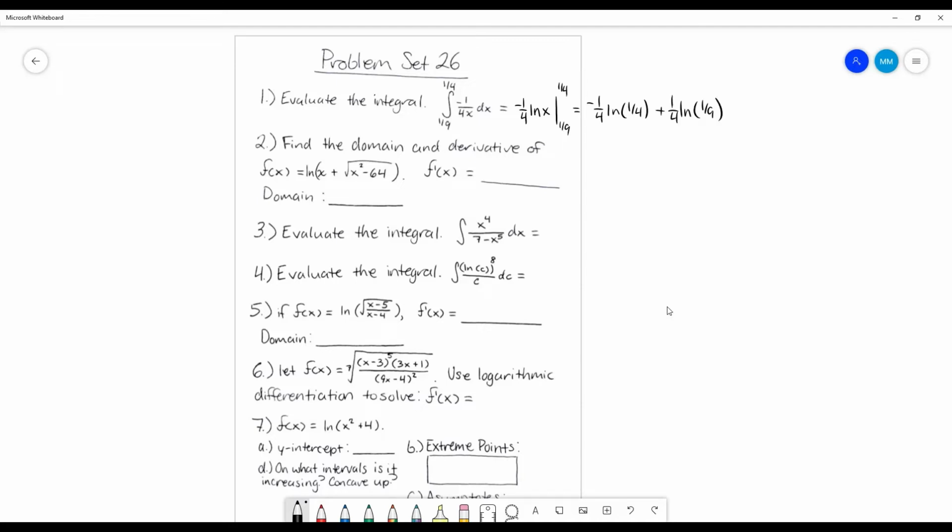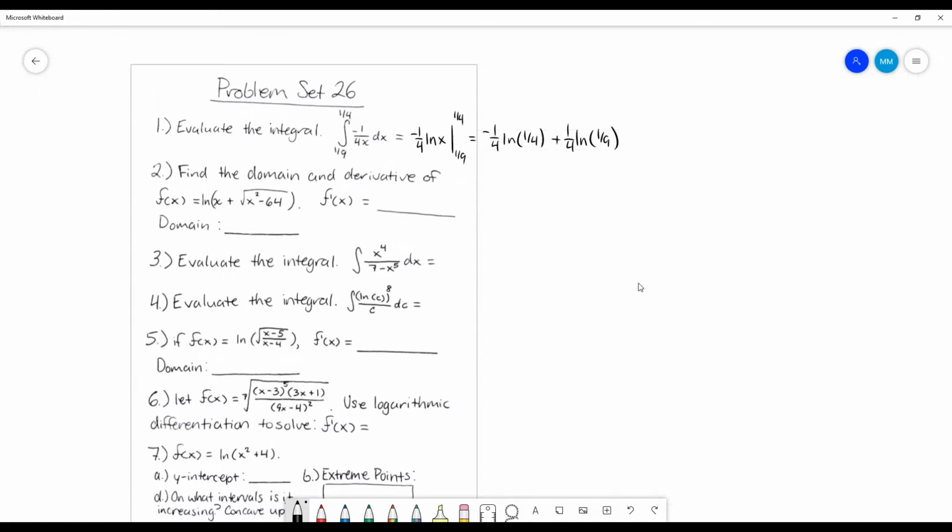And we could leave it there, but I would like to simplify this, of course, based on our logarithm rules. I know that when we add two logarithms, that's the same as having multiplication on the inside of that integral. And I believe, give me a moment.